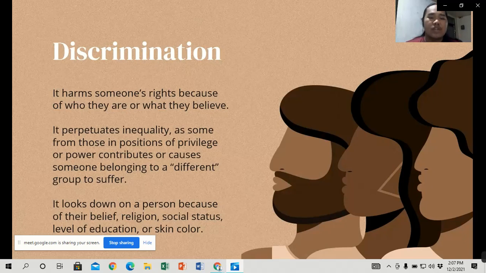With discrimination, there is talk about inequality, maybe violence, different kinds of negative things that surround them, and it is based on their belief, religion, status in life, level of education, and most usually their race or skin color.